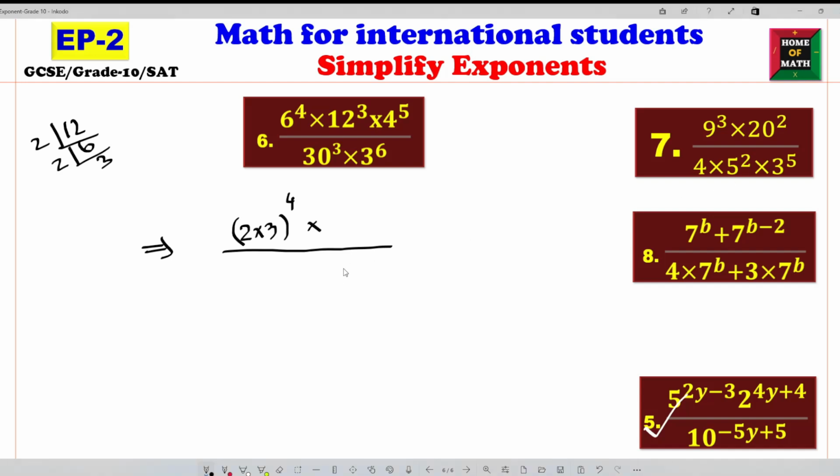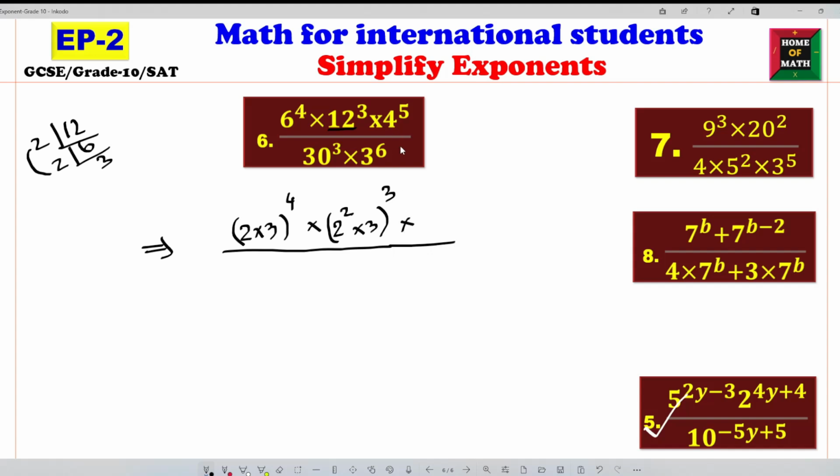So we can write 12 like this: here 2 and 2, it will be 2 square, then times 3. Look, 2 times 2 means 4, 4 times 3 means 12. So this is 12. Then the power is 3, right?